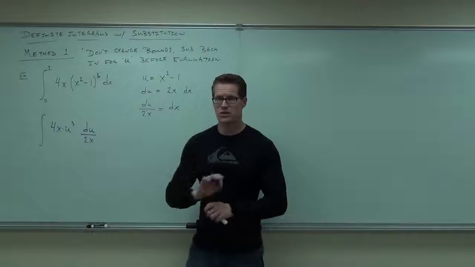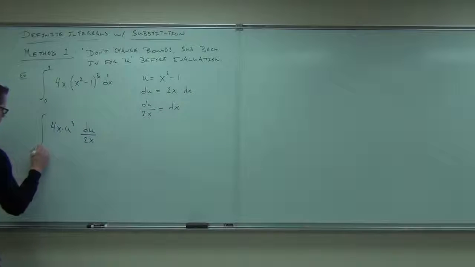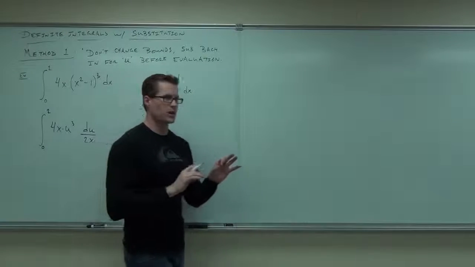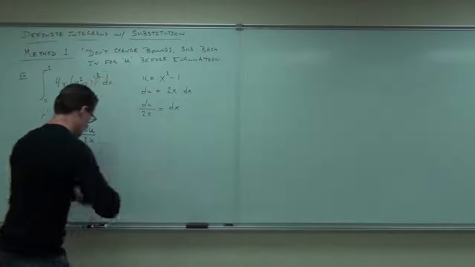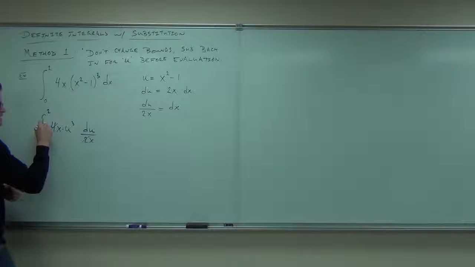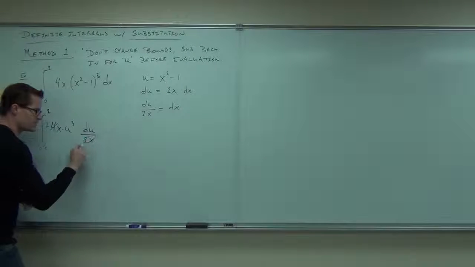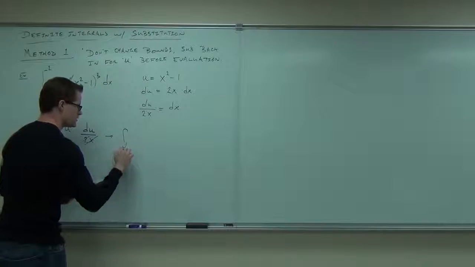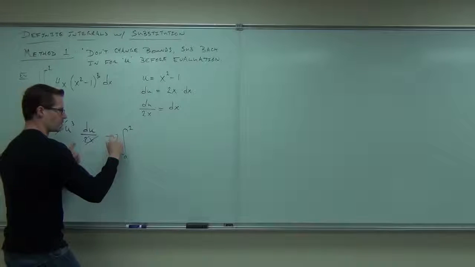Because as soon as you do this, from 0 to 2, look what's going to happen. Sure, you're going to eliminate this 2, and that's going to become a 2, yeah? And you're going to eliminate this x and this x. And what you would get is 0 to 2 with a 2 out in front of it.